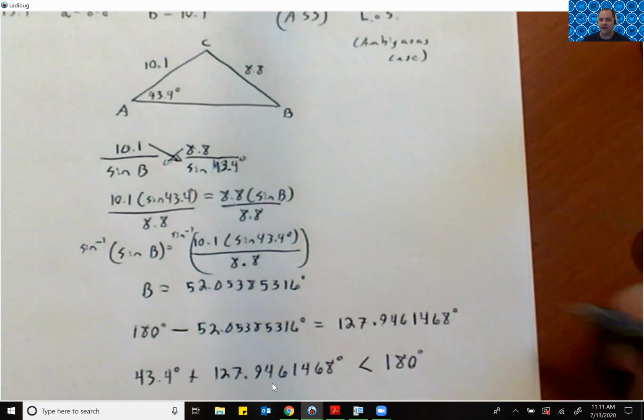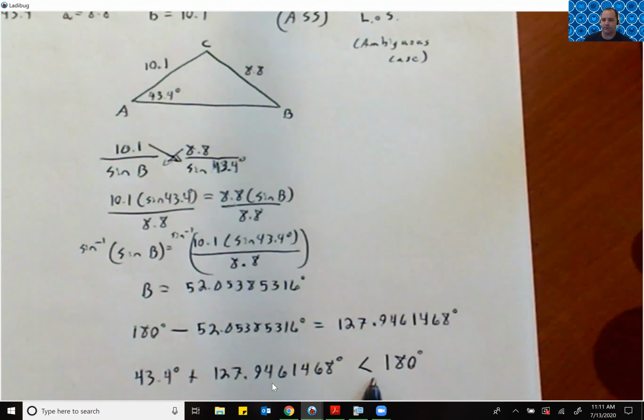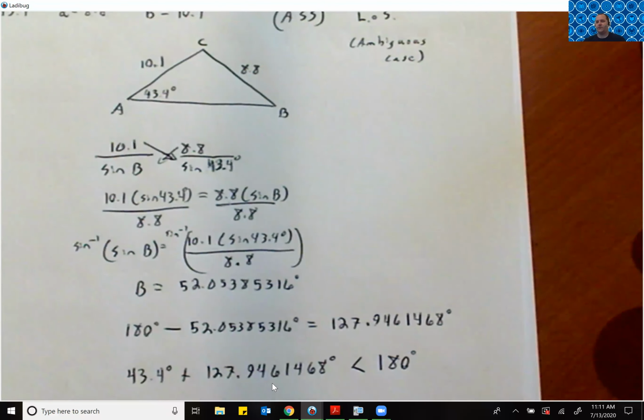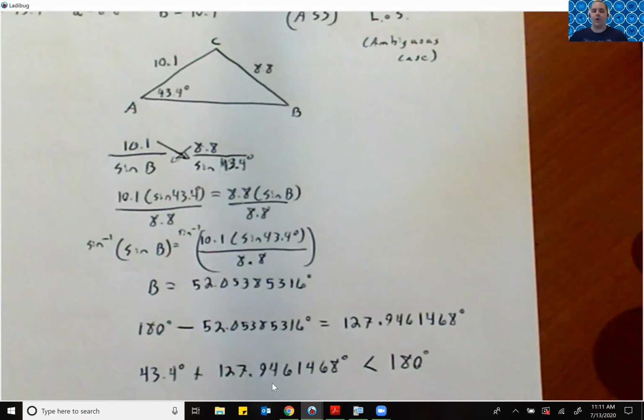If this is less than 180 degrees, then we have two triangles. If this is over 180 degrees, then you only have one triangle.